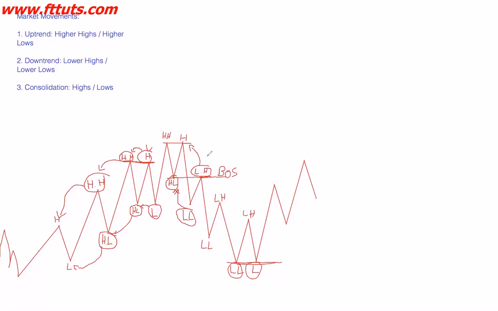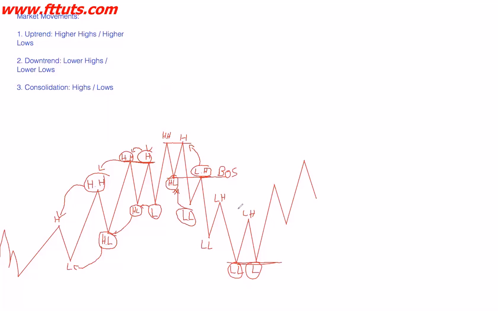For the market to maintain an uptrend structure, it has to be making higher highs and higher lows. It can make highs, it can make lows, and still be maintaining structure, but we cannot form a lower low or a lower high.